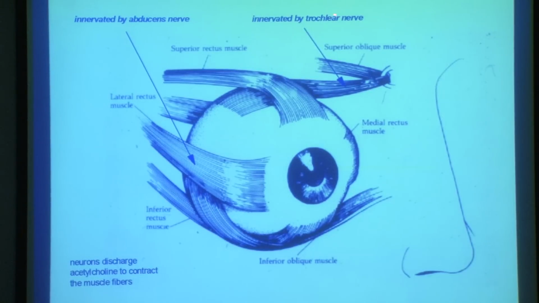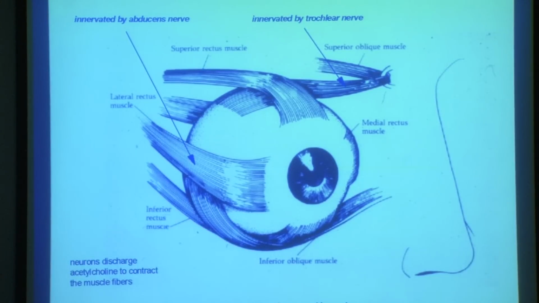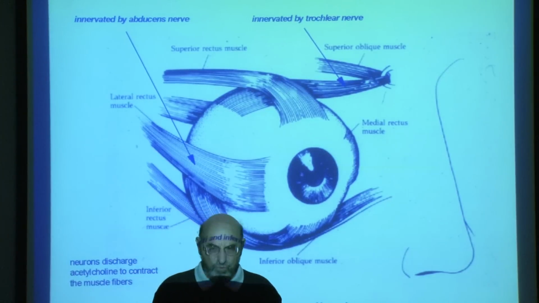Now, the superior oblique muscle is innervated by the trochlear nerve, which is the fourth cranial nerve. And the rest of them are innervated by subnuclei of the third nerve, which is called the oculomotor nerve.